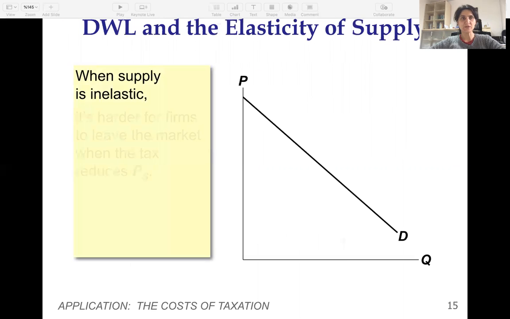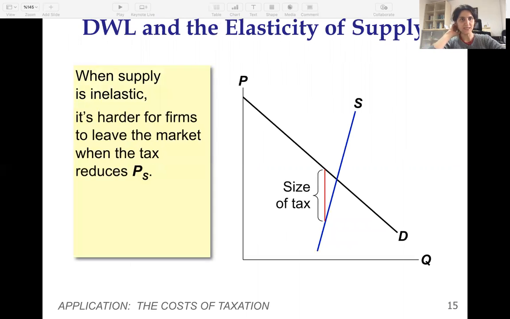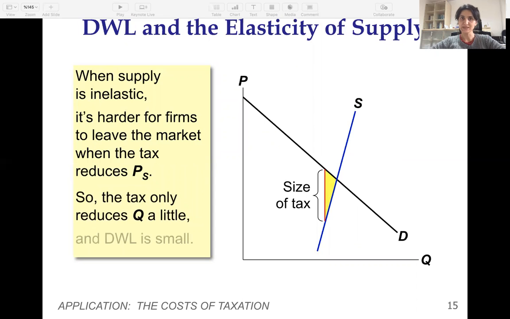When supply is inelastic, it is harder for firms to leave the market when the tax reduces PS. Then the deadweight loss will be low, right? The tax only reduces Q a little, and deadweight loss is small.